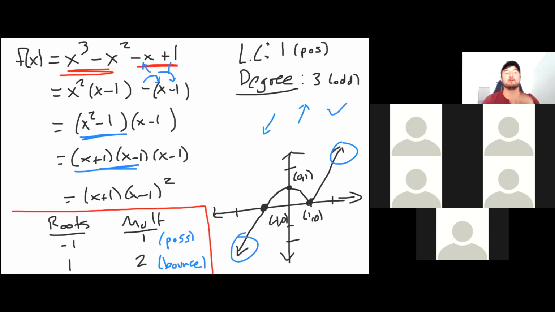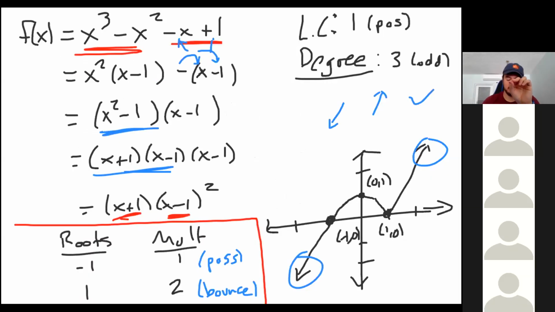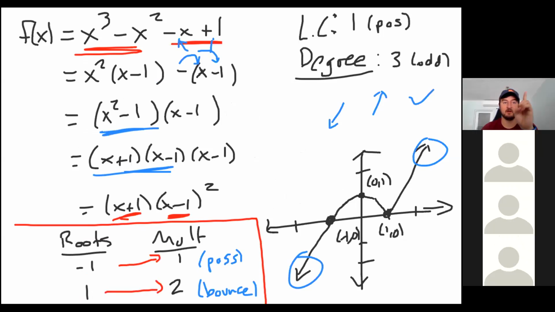So when we factored our function down, we saw that we had two roots, -1 and +1. They came from our two factors, x plus 1 and x minus 1. And all I need to do is say, okay, for the roots, what's its multiplicity? Well, -1 had a multiplicity of 1, +1 had a multiplicity of 2. So if it's an odd multiplicity, it goes through the graph. If it's an even multiplicity, it bounces off.